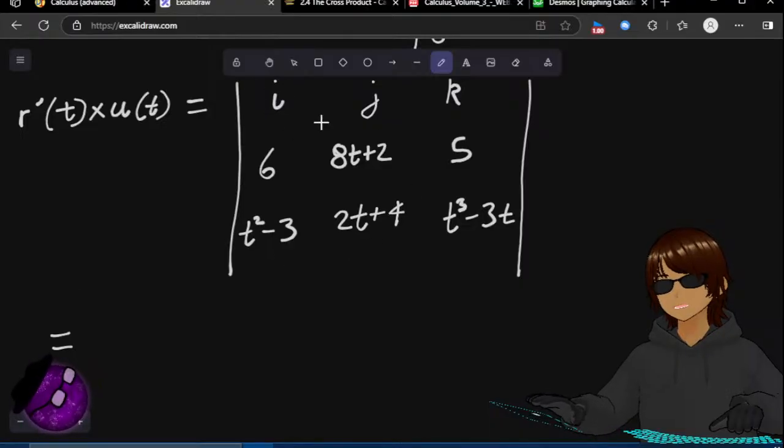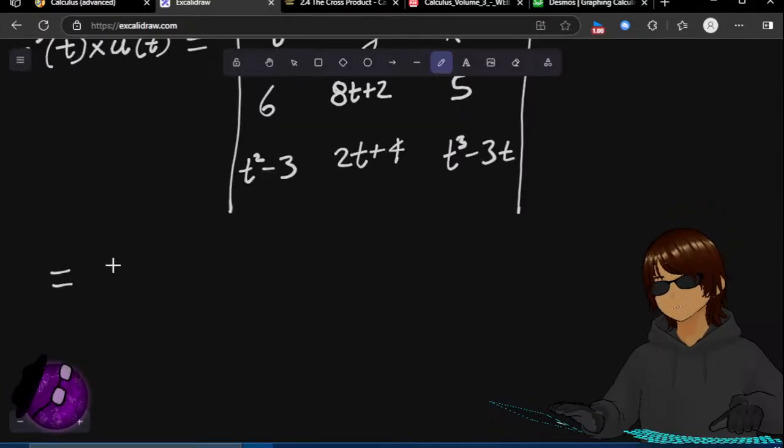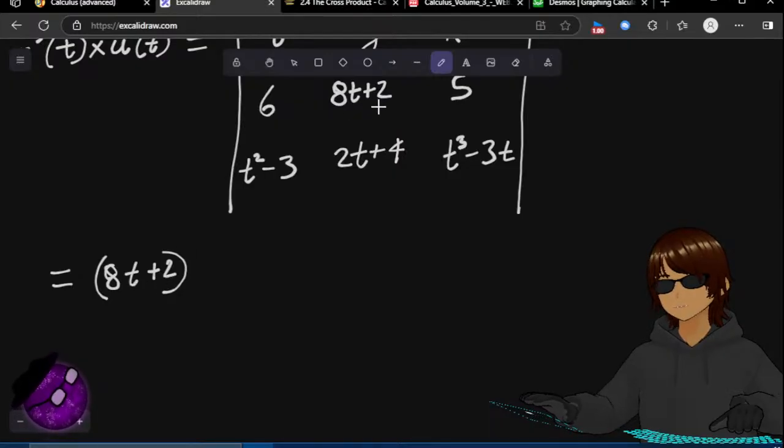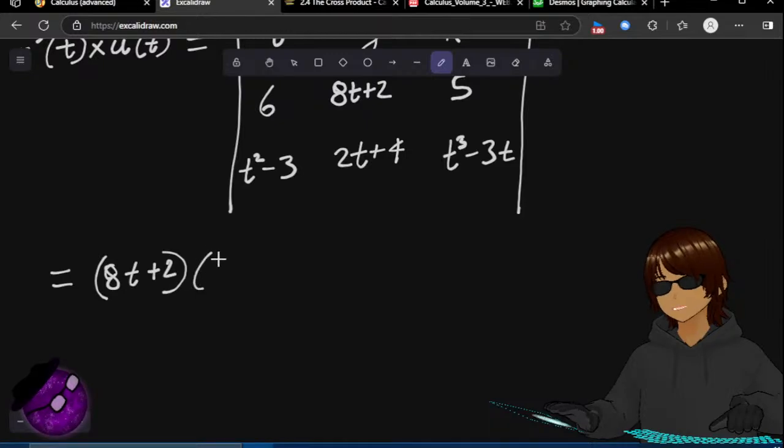So for the I part, this times this minus this times this. 8t plus 2, 8t plus 2 times t cubed minus 3t.